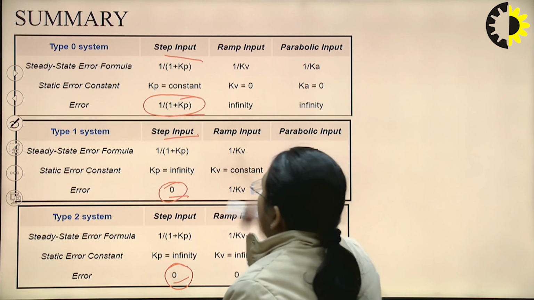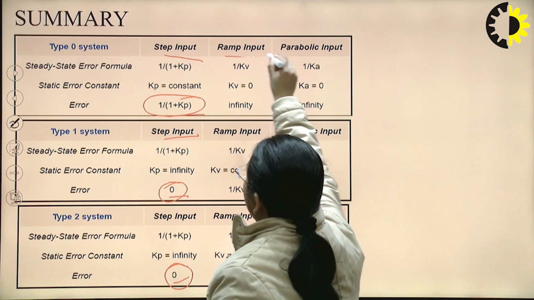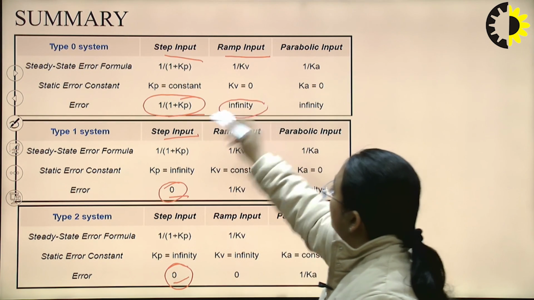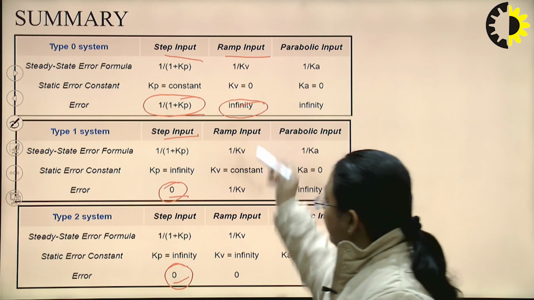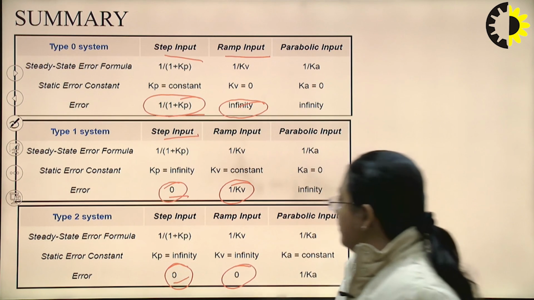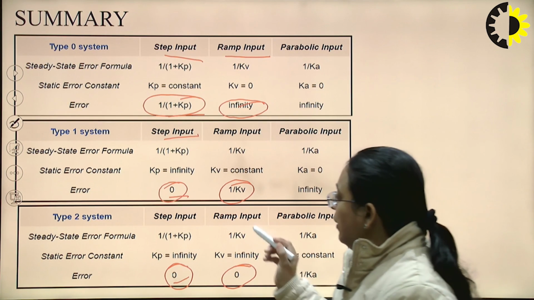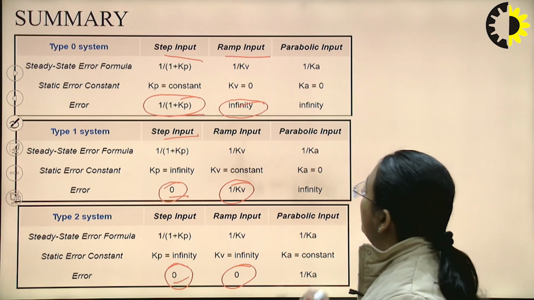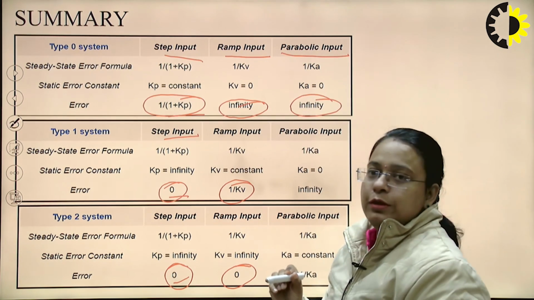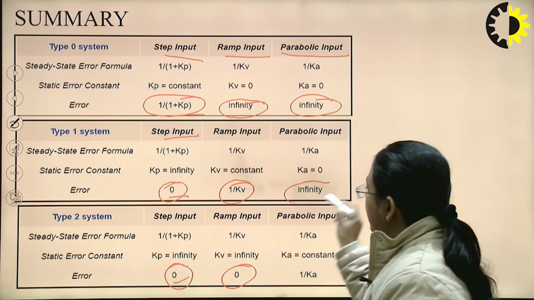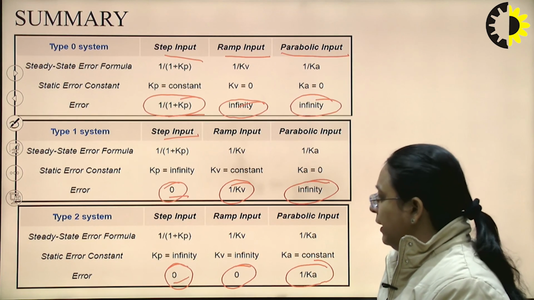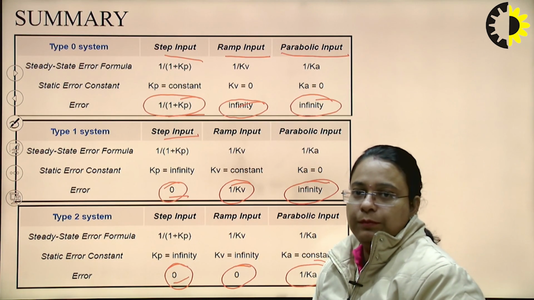For ramp input, the steady state error for type 0 system is infinity, then it reduces to 1 by Kv for type 1 system, and it further reduces to 0 for type 2 system. In case of parabolic input, the error for type 0 system is infinity, again infinity for type 1, and it reduces to 1 by Ka for type 2 system.